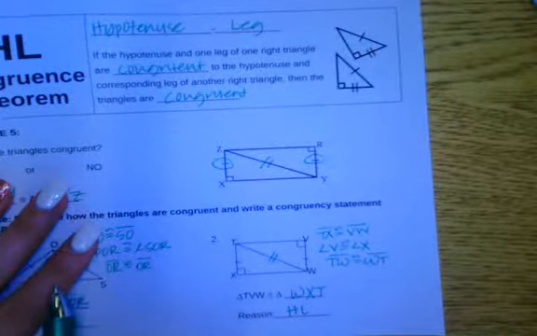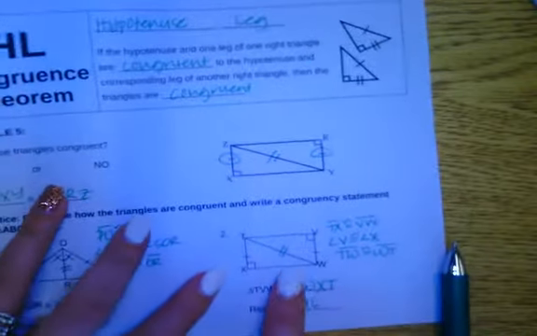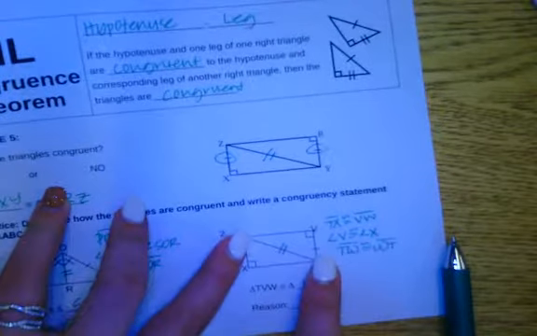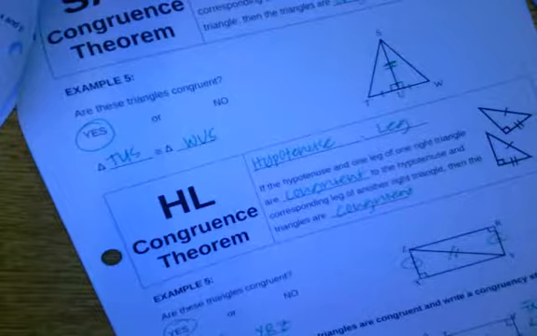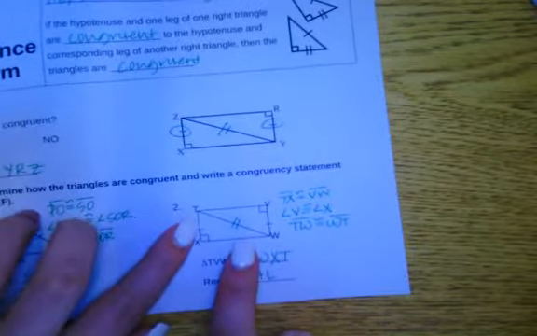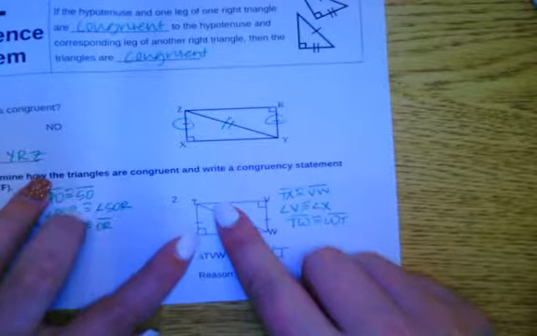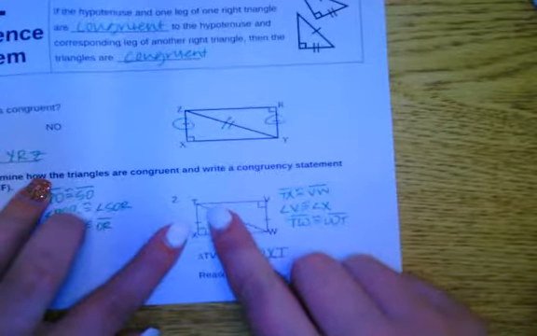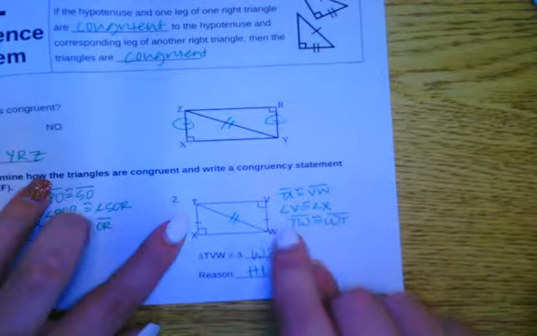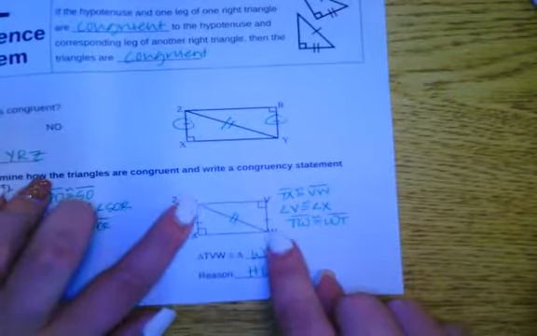No, because the shared angle would be these guys. Remember that it has to sandwich the angle, the two corresponding sets of sides, and that one doesn't. It would have to either be this side and this side, or this side and this side, but we were given X. So it would have to have been WTX and TWV in order to do side angle side.